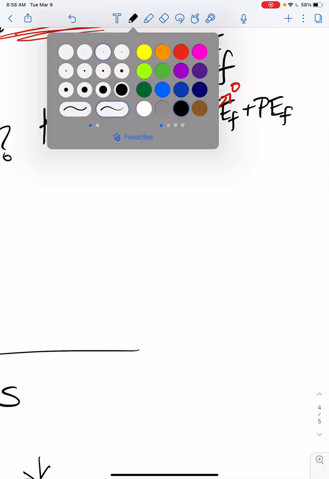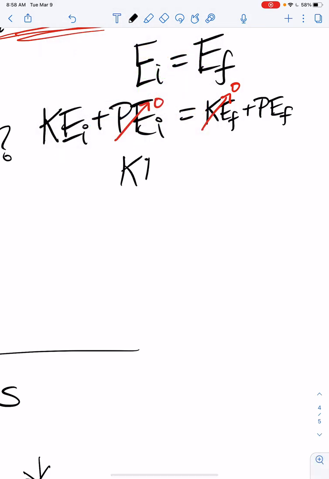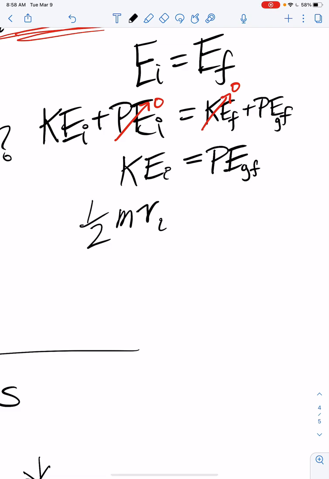So it looks like this for our conservation of energy. Let's go ahead and rewrite that and make it look a little bit better. KE initial equals PE, and this is gravity. I got to be a little more careful there. PE gravity final, because we know there's other types of PE. All right, so we get something like this. We'll go ahead and write our formula. 1/2 m v_i squared is equal to m g h final.